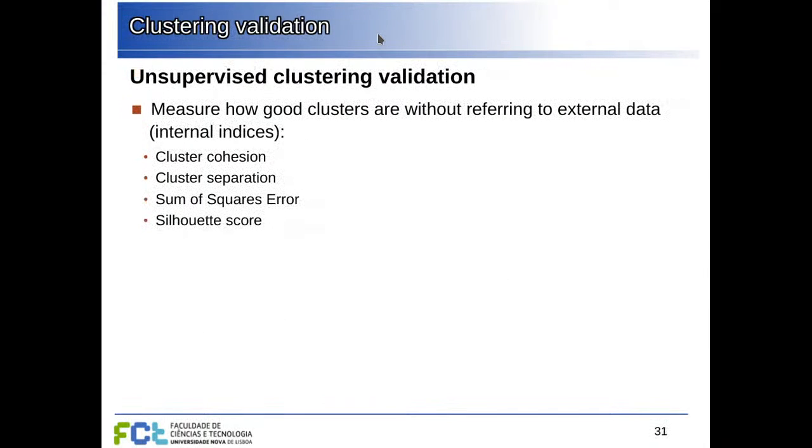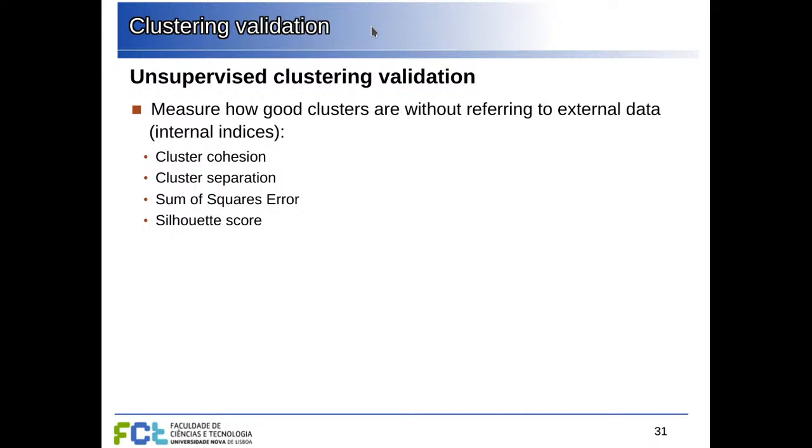So for internal validation, when we don't have reference to external data, external indexes or other clusters, we can use some measures to try to estimate how good our clustering is. So cohesion, which means how close together are the examples within each cluster.